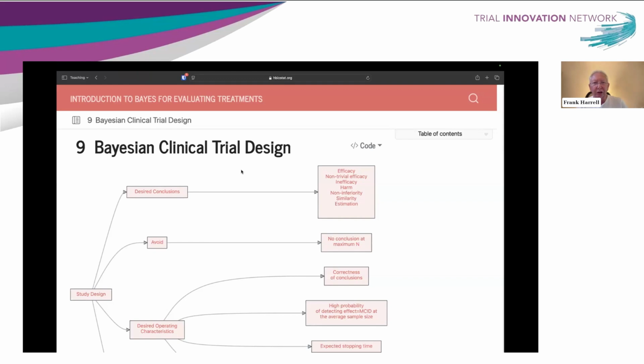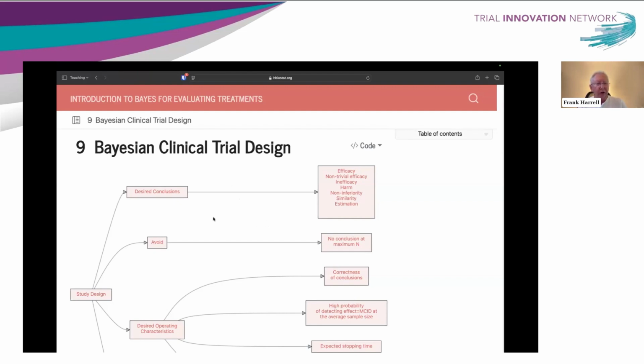That's not a Bayesian idea or a frequentist idea, but we know there's this thing called sample size samba, where people are dancing around, figuring out an effect size that is affordable to study instead of a real effect size. So you'll see that I have a design loop related to that that tries to ensure that you have an honest effect size while you're doing the other aspects of the design.